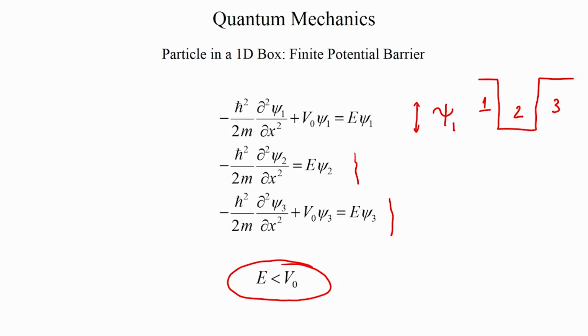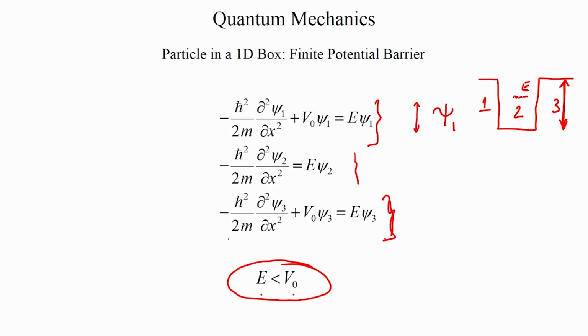So, what are we saying here? By saying that E is less than V naught, what we are saying is that yes, the particle does exist somewhere and it has a total energy E, and that total energy E is less than the potential height in region 3. And we have still gone on to write Schrodinger's equation in the manner shown here.